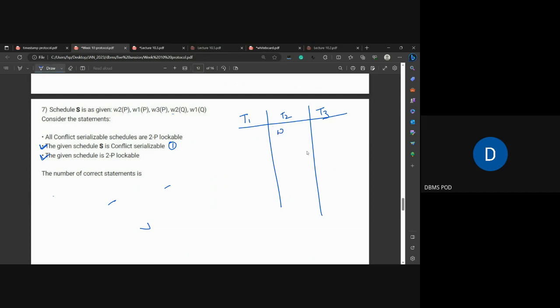There is W2P, then W1P, and W3P. So there will be T1, T2, T3.